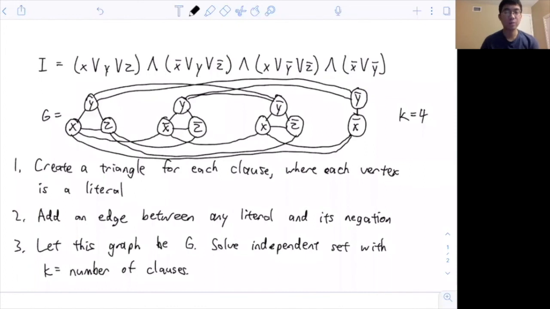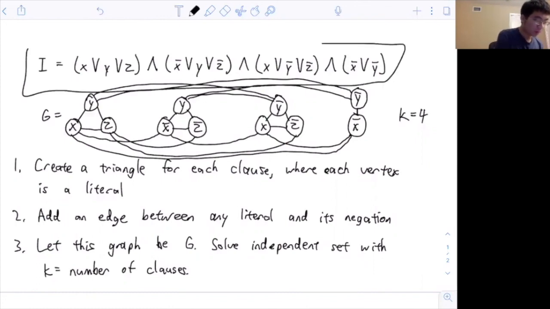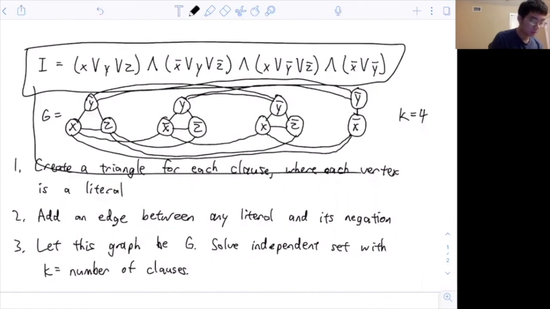Now, when we do a reduction, we need to make sure of 2 things. We need to make sure that every solution to the original problem also has a corresponding solution to the new problem, meaning if there's a solution to the original problem, there's also a solution to the new problem.